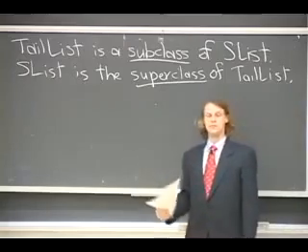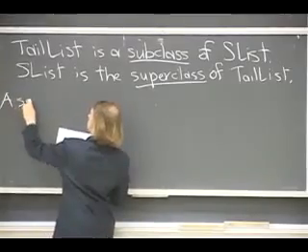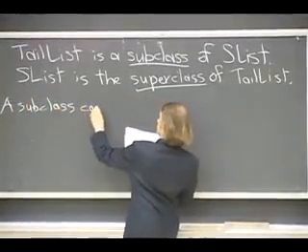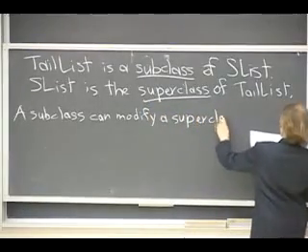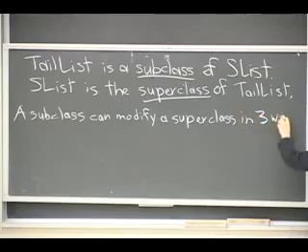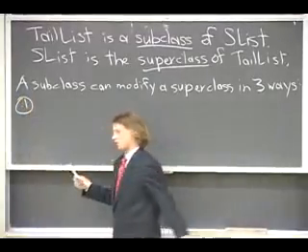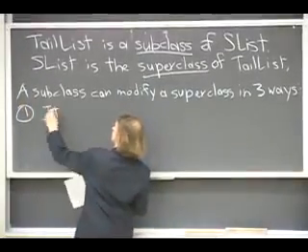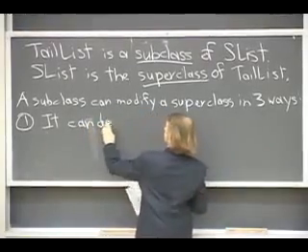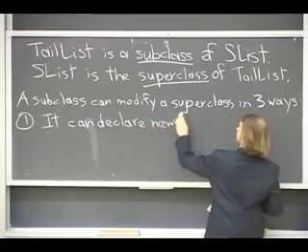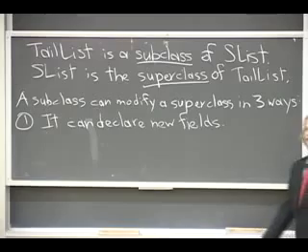Now, a subclass can modify the class that it's inheriting in three different ways. First of all, as I just showed you, it can declare new fields. And second, not surprisingly, it can also declare new methods.